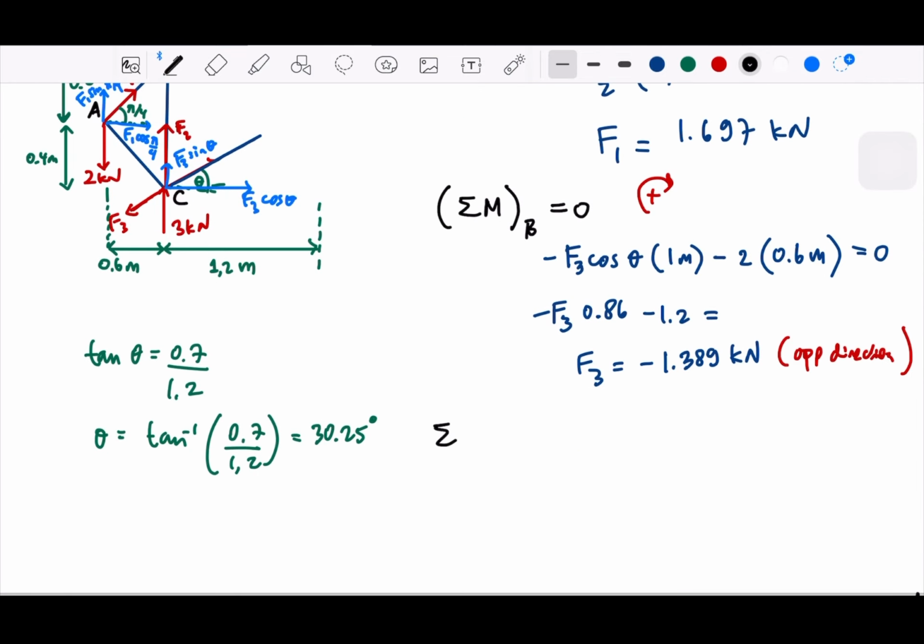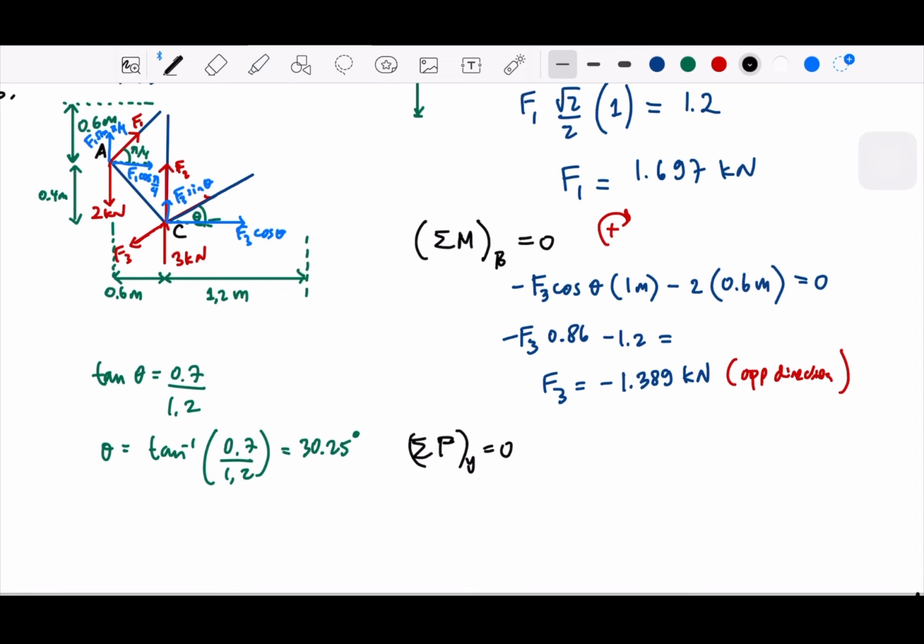So sigma Fy equals 0. So F1 sine pi over 4 plus F2 plus 3 kilonewton minus 2 kilonewton minus F3 sine theta.